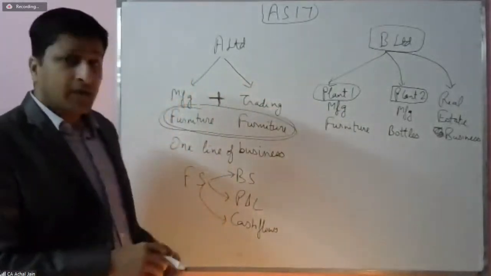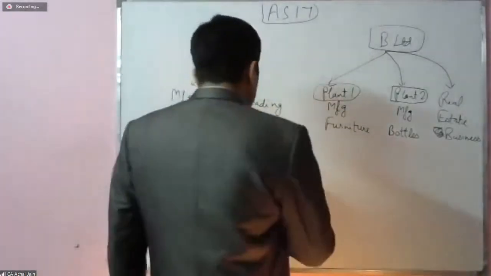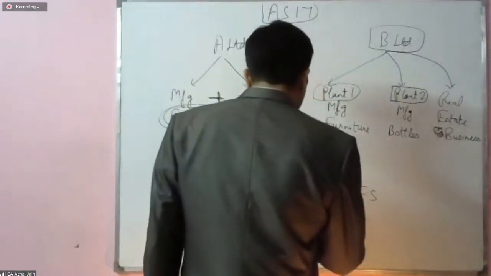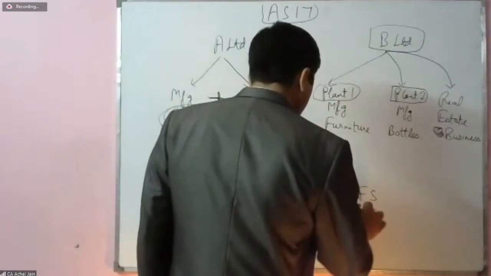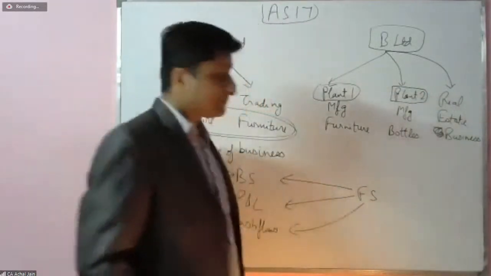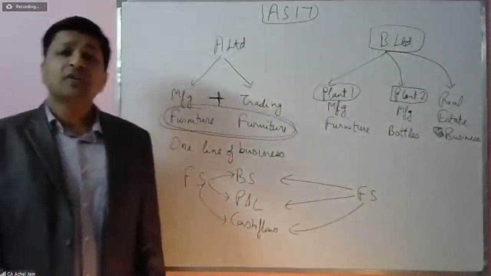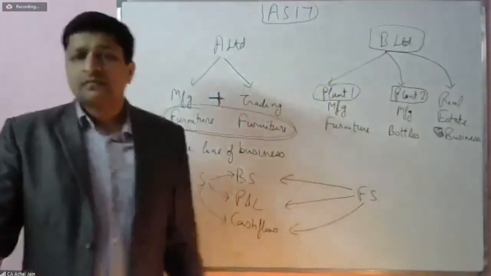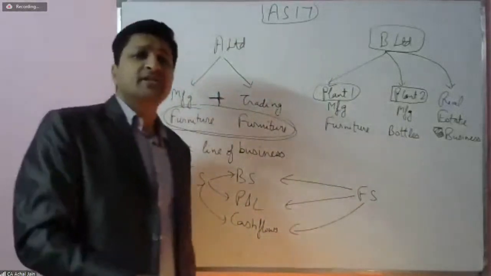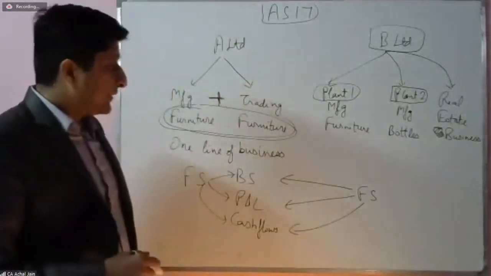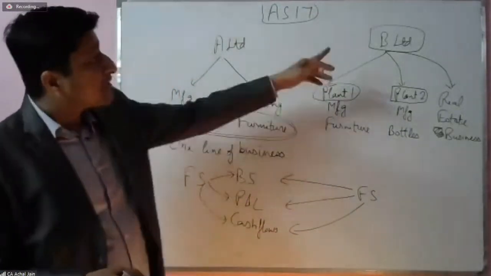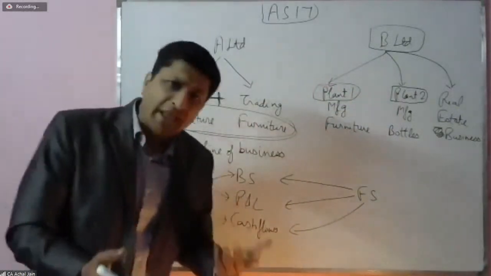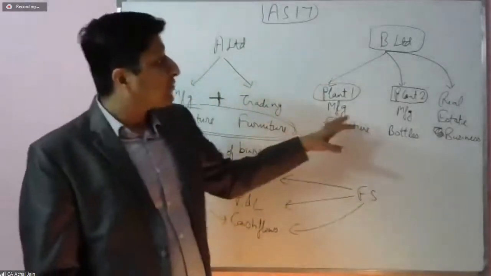But let's talk about financial statements of B Limited. Now, if you were the user of financial statements of B Limited and you are given the financial statements wherein information of the company is given in this collective manner, means balance sheet is given, which comprises all the activities.